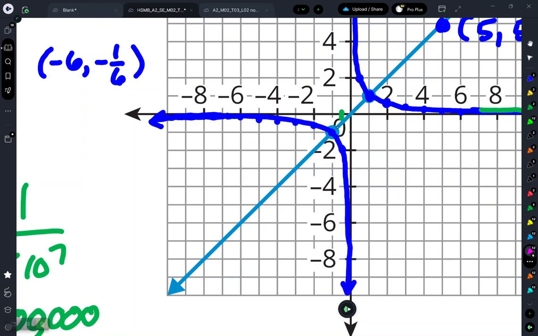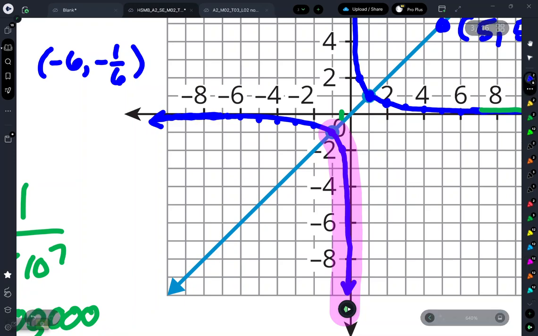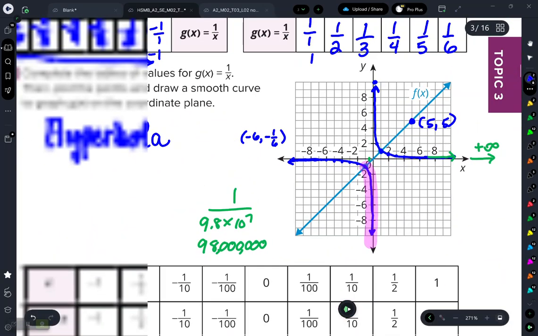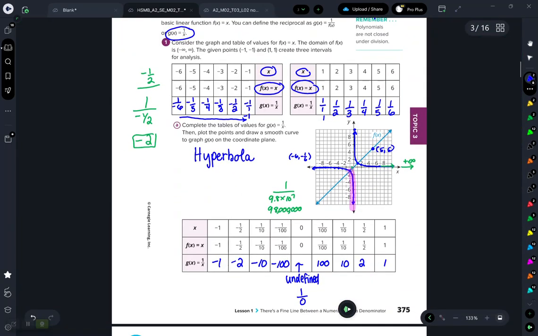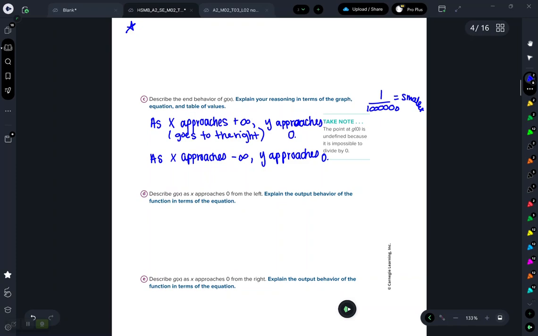Okay, the graph is going down drastically as it gets closer to 0, right? Because we're getting smaller and smaller numbers. When you take the reciprocal of a really tiny number, it becomes really large.